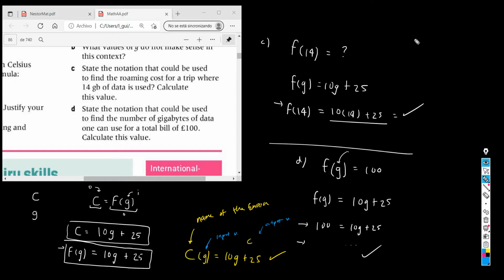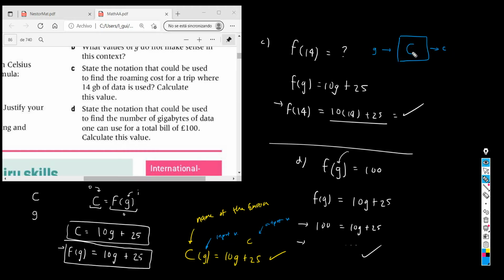This function can be interpreted as a machine, capital C, right? This is a machine in which you input the number of gigabytes used, that's the input variable, and this function will give you the cost, lowercase. If you want to use also the letter C to represent the function, then you have to make a distinction between this name and this name.